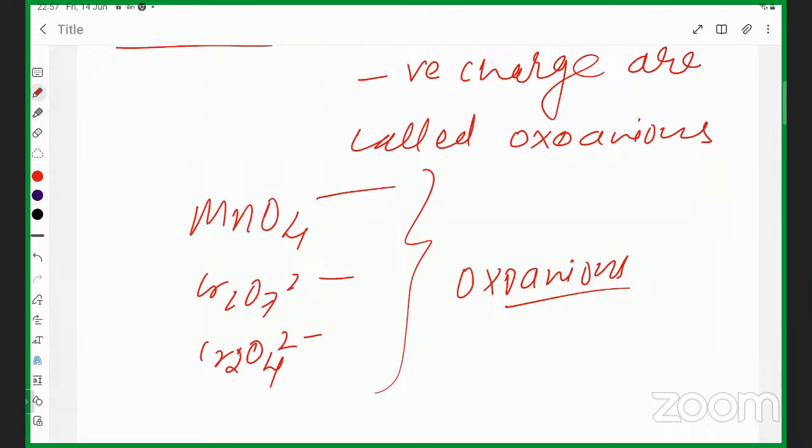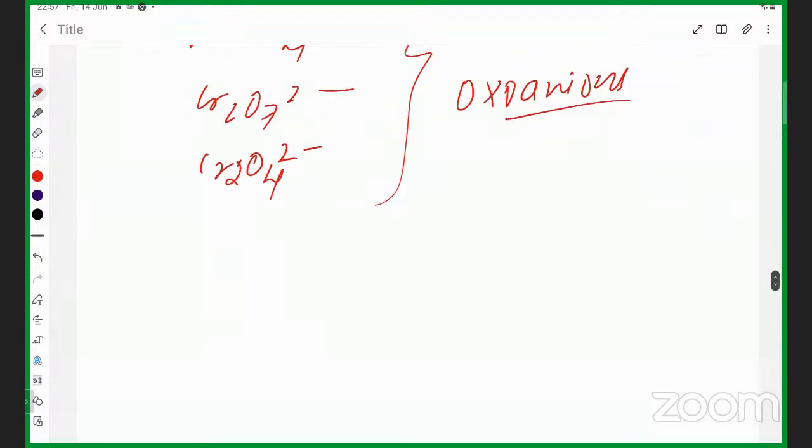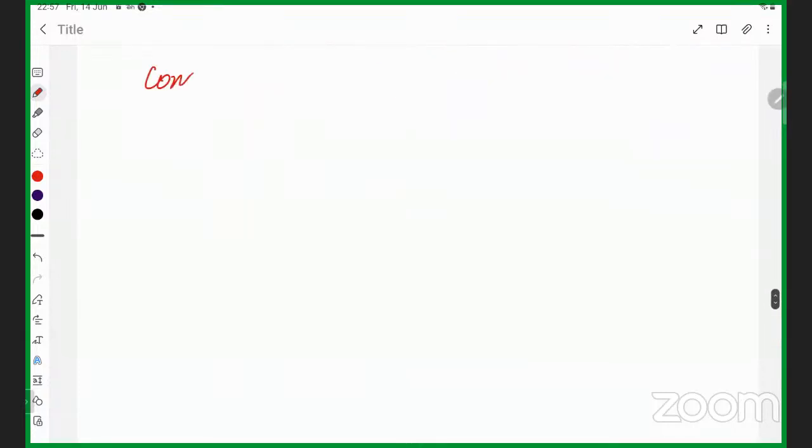So these are the answers. Now, compounds of transition metals, here we are writing the main heading.